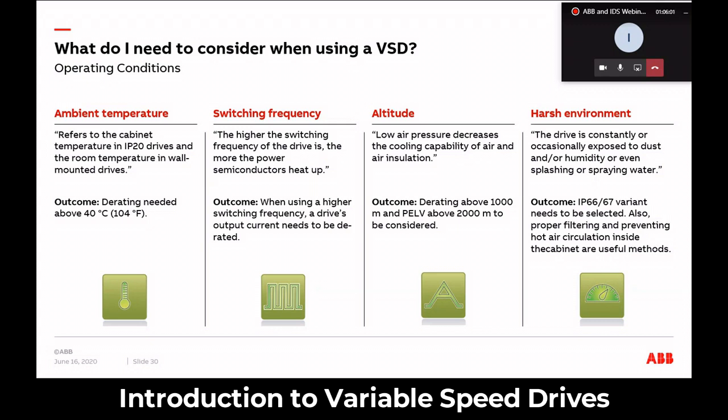From an altitude perspective, again, typically drives can operate anywhere up to 1,000 meters above sea level. Anything above 1,000 meters up to 4,000 meters, we then have to apply a derate there as well.